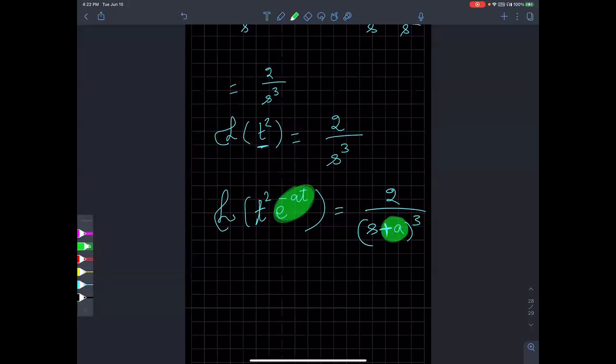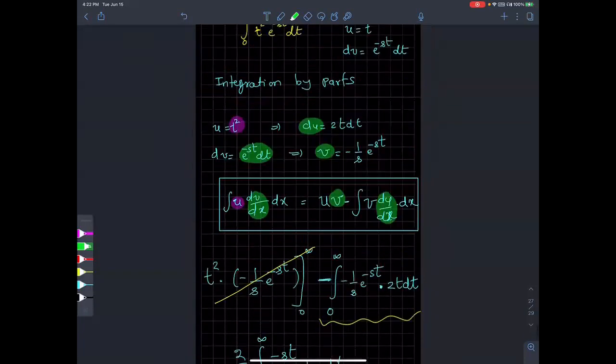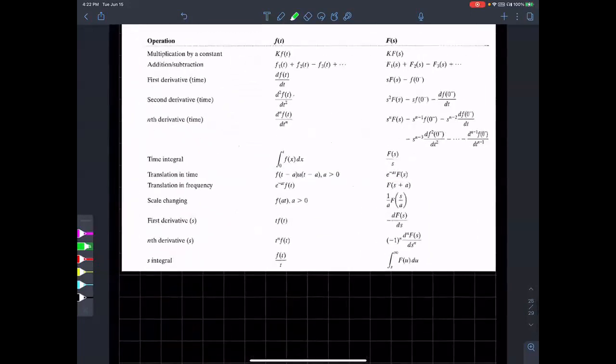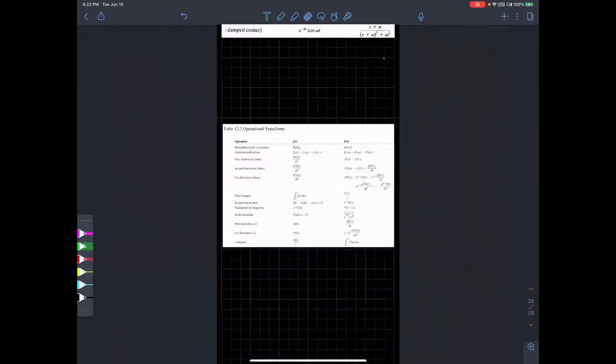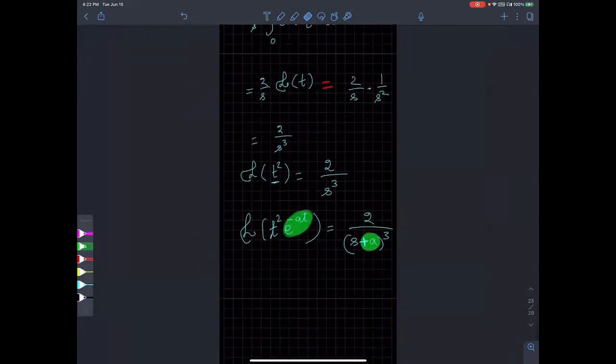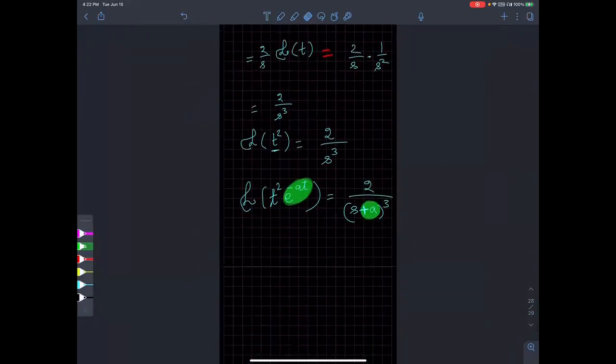If you don't trust me, go to 12.2. You'll see that for a function f of t, if you scale it in the time domain by an exponential, that's simply going to add a constant a to the s variable of the Laplace transform of f of t. So all we have done is to simply use that pre-solved result from there.